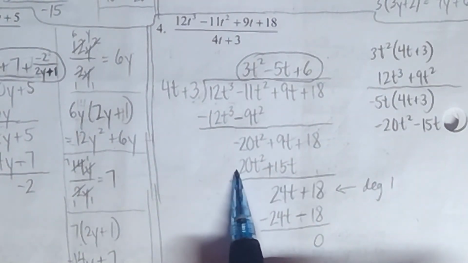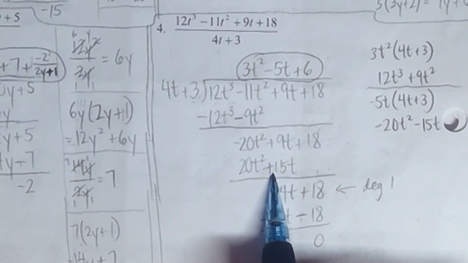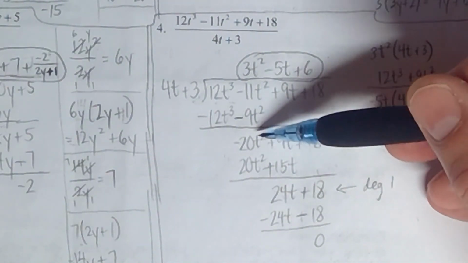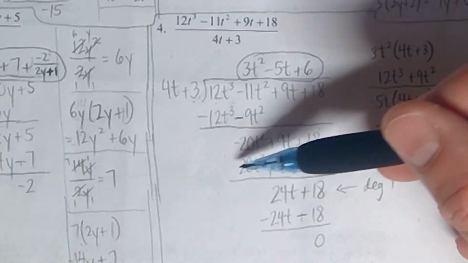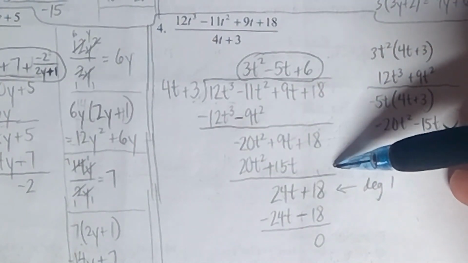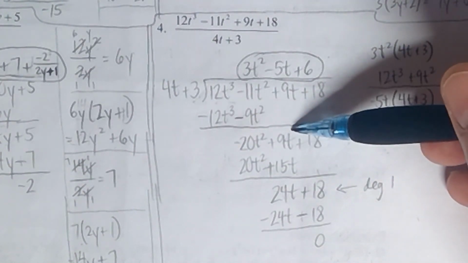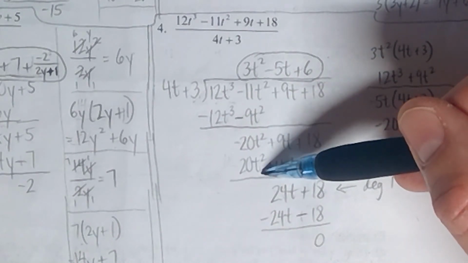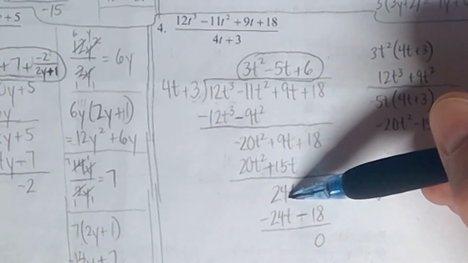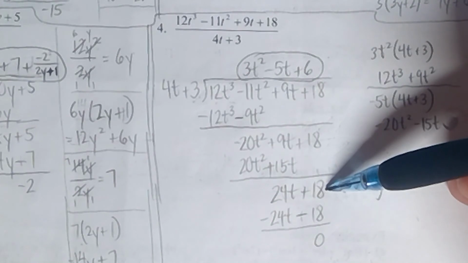That's why this now says positive 20, positive 15. Then I combine like terms, the first column cancels again, and I get 24t and 18.